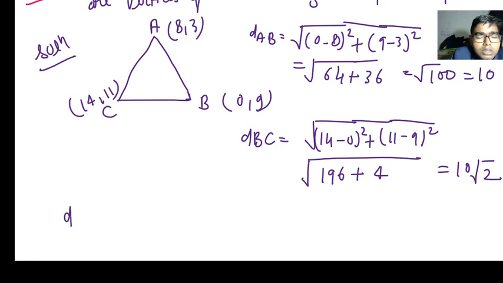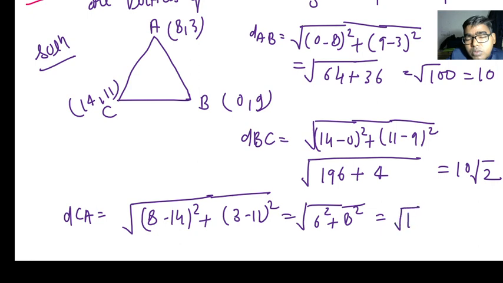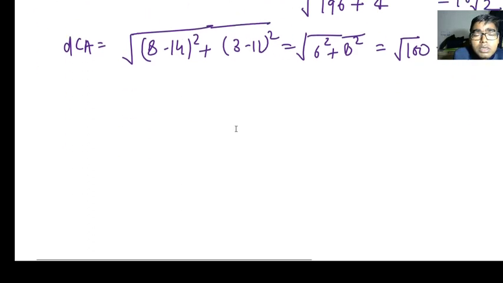And DCA is (8 minus 14) whole square plus (3 minus 11) whole square. This will come out as 6 square plus 8 square, which again gives root 100, that is 10. So this side is 10 and AB is also 10, and the third is 10 root 2. So it is proved that it is an isosceles right angle triangle.